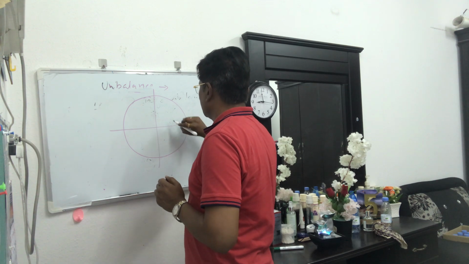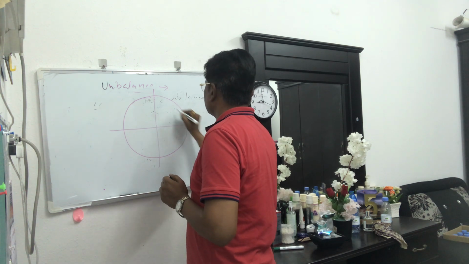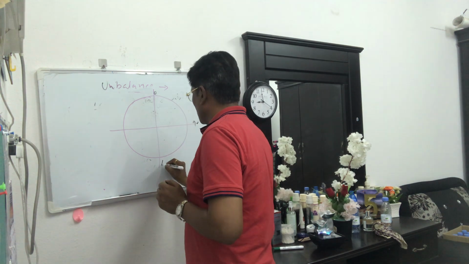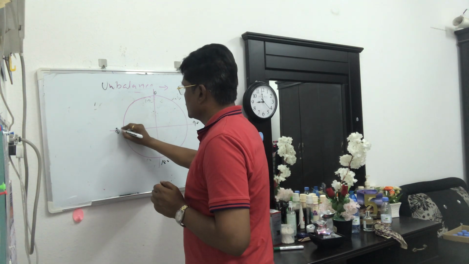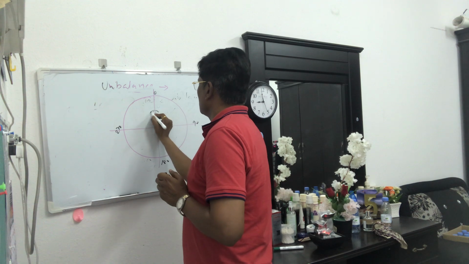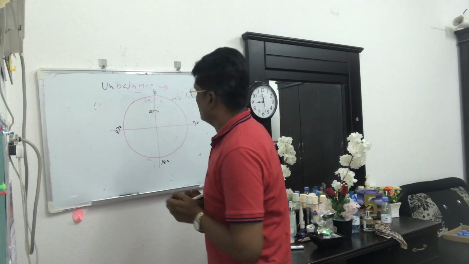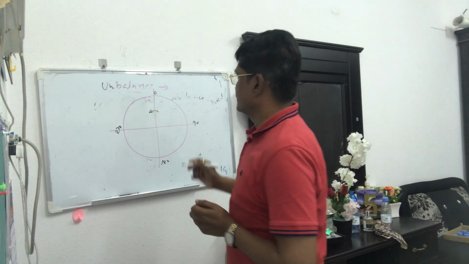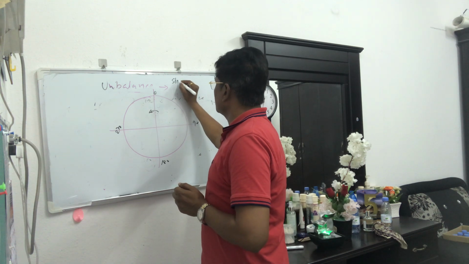It is rotating like this. This is 0, 90, 180 degrees, 270 degrees. Then suppose this is rotating like this. So step 1 now. We'll go step by step.